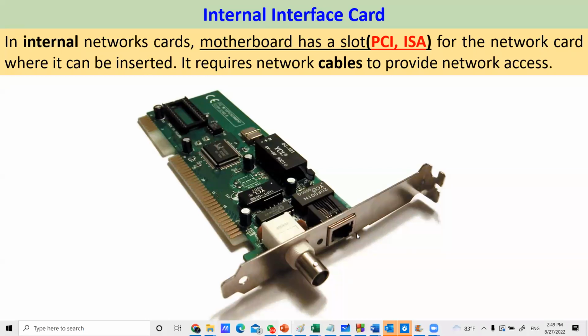Normally there is only RJ45, but sometimes, rarely, you can find network cards having both ports, RJ45 and the other one. What is the other one? This one is the BNC port.